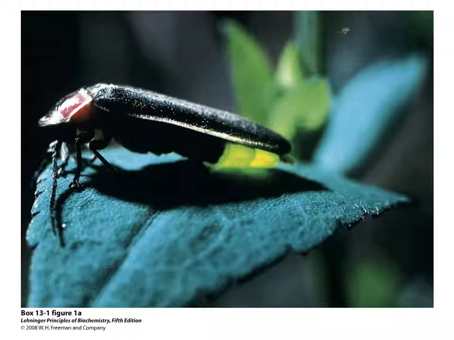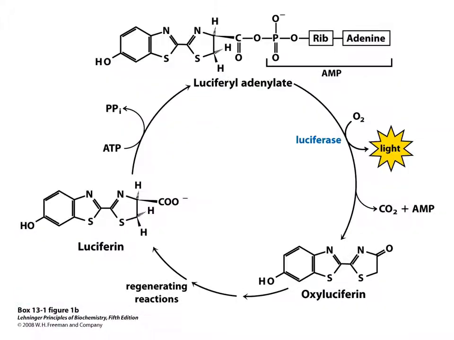I would like to briefly show what adenylate can do, and a good model here is the firefly, because the cycle of generating light by fireflies is as follows.